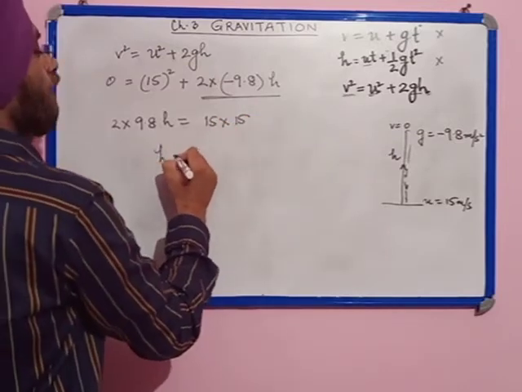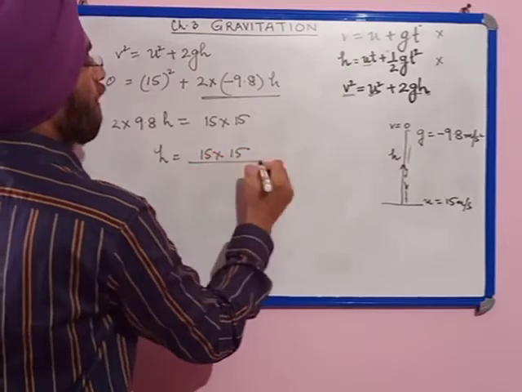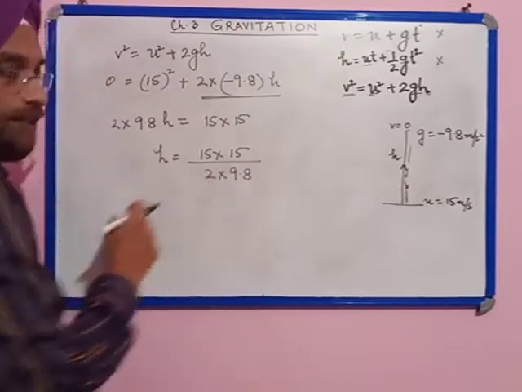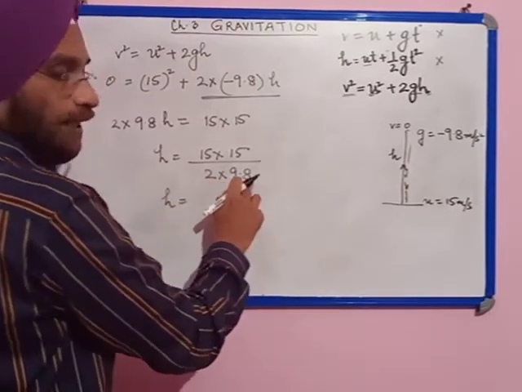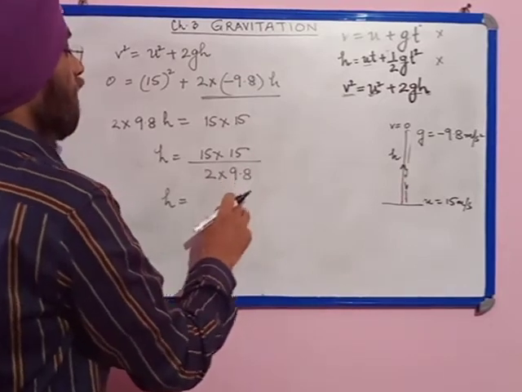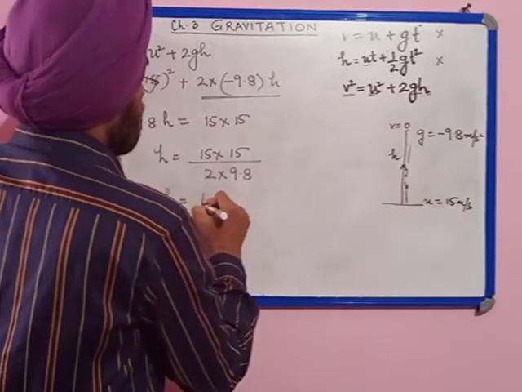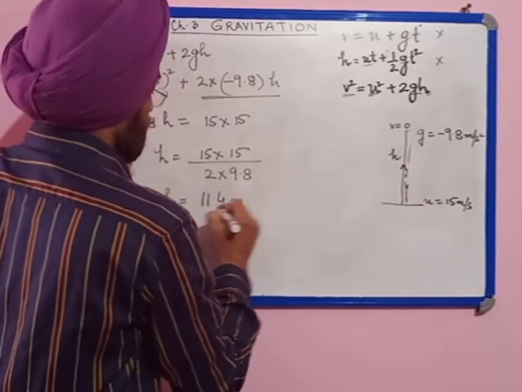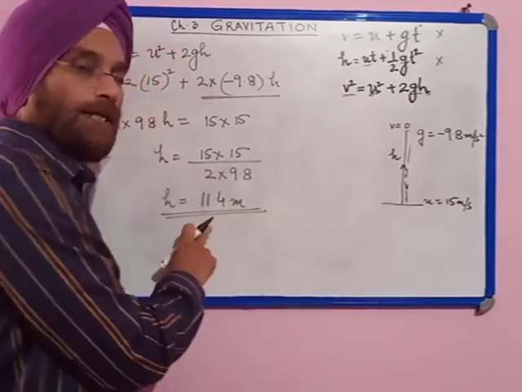So h is equal to 15 into 15 divided by 2 into 9.8, and 2 into 9.8 is 19.6. Now we will divide and we get the answer: h is equal to 11.4 meter. So the height up to which the ball reached was 11.4 meter.